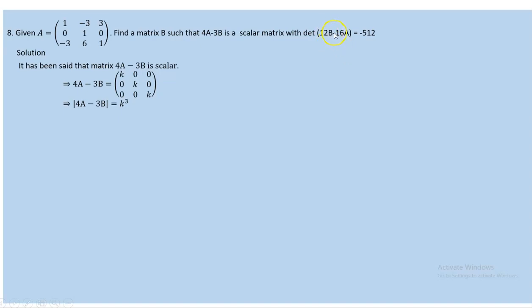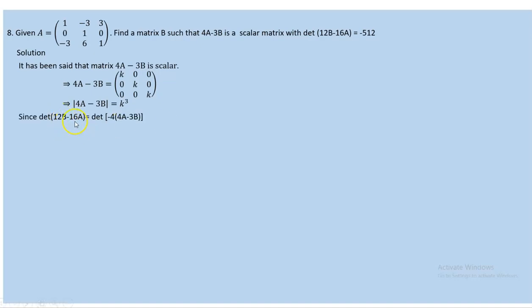So look, 12B minus 16A is basically the same as negative 4 times 4A minus 3B. If you multiply negative 4 by 4A minus 3B, you'll come across this output, 12B minus 16A. So again, we are going to apply another determinant property in order to find this matrix B, okay? So here it comes.